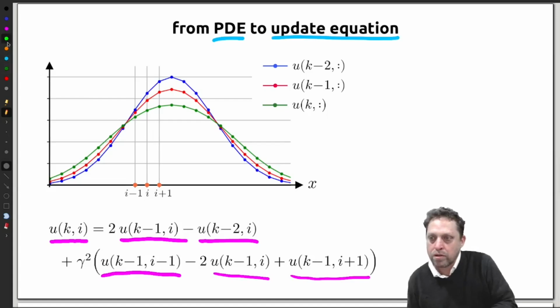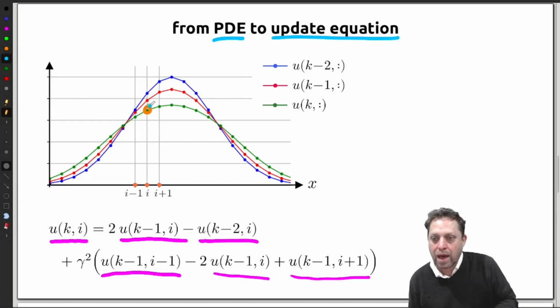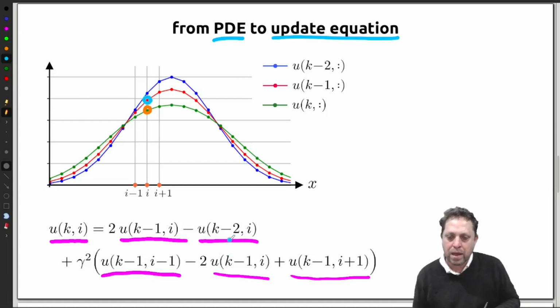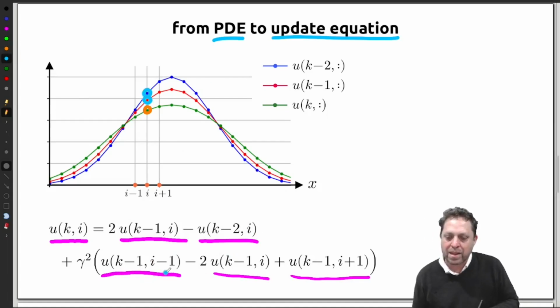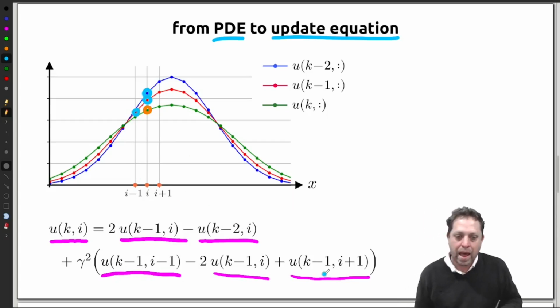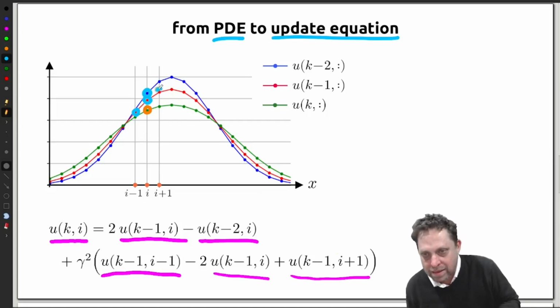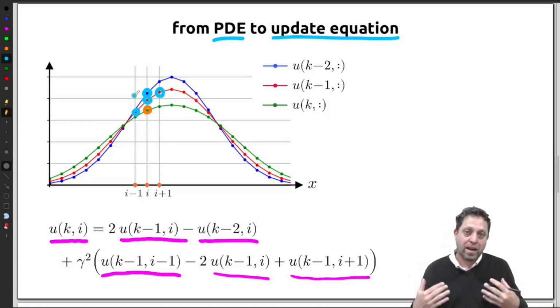So U at k and i, so this is node i, this is U at k and i, depends on U at k minus 1 and i, that's this value, k minus 2 and i, that's this value, then k minus 1 and i minus 1, that's this value, the red one, and k minus 1 and i plus 1, that's this one. So this orange value depends on 4 previous values.